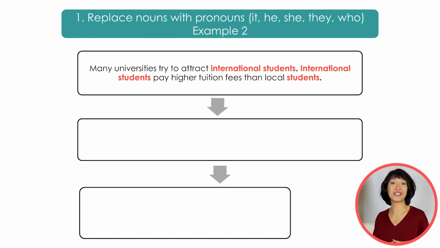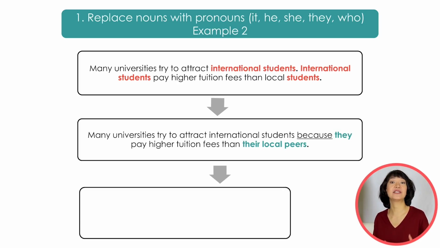Let me show you another example. Many universities try to attract international students. International students pay higher tuition fees than local students. These sentences are awkward and repetitive. So let's merge them into a single complex sentence and use a pronoun.